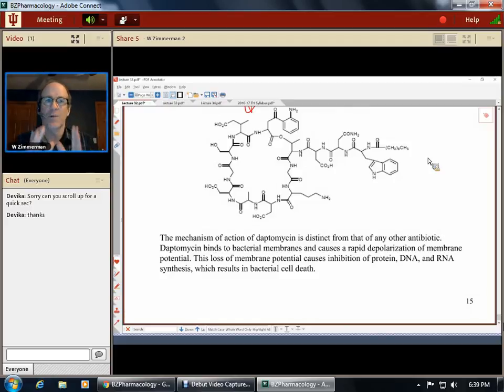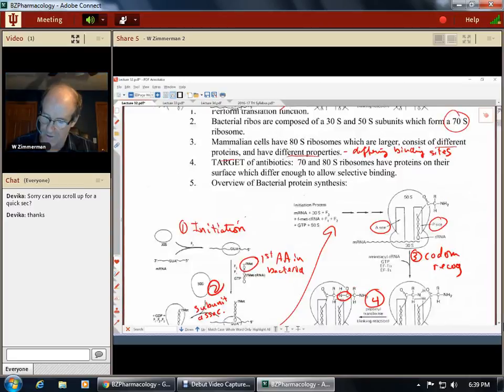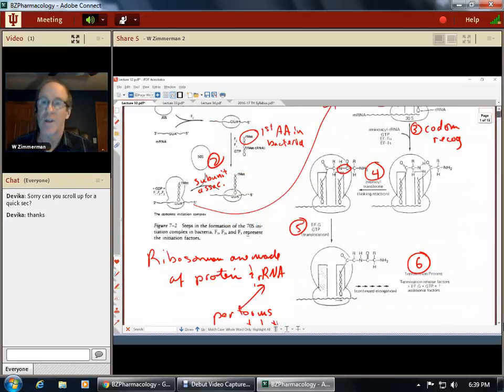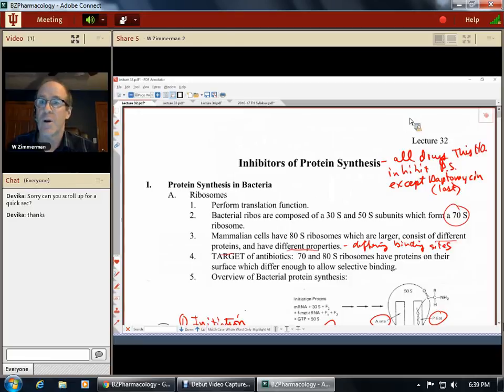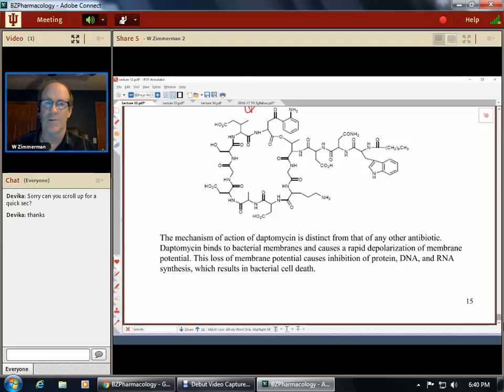So this is a protein synthesis inhibitor handout. I believe I said, go way back to where we started last week. All drugs in this handout inhibit protein synthesis except daptomycin, the very last one. And I have to put the daptomycin in here because we're talking about the drugs for VRE, and that's what it's used for.